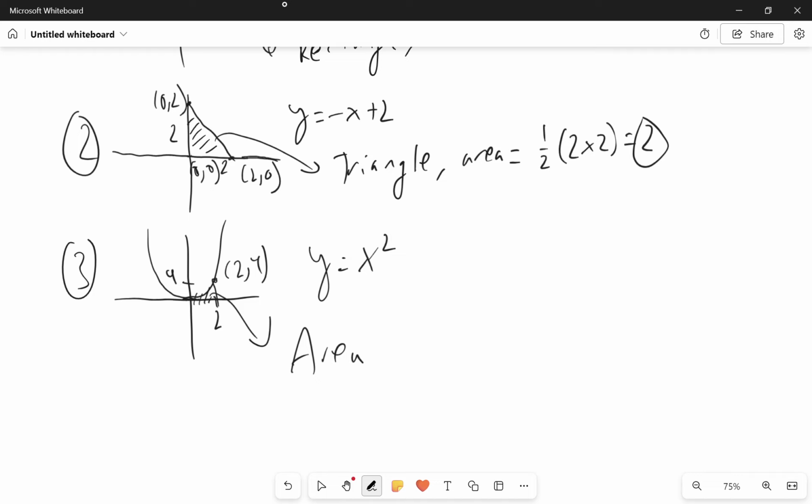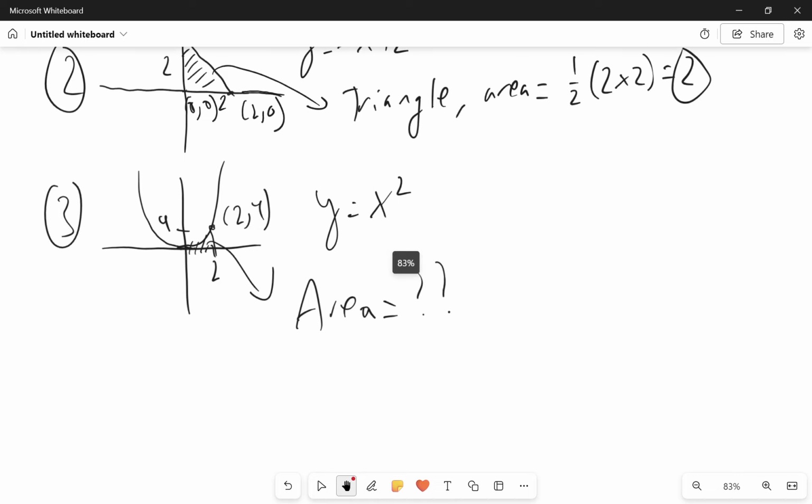So what do we do? Well, we're going to have to introduce a new operation to find this area. And this operation is the second major component or key operation in calculus. That is the operation of the integral, like so.